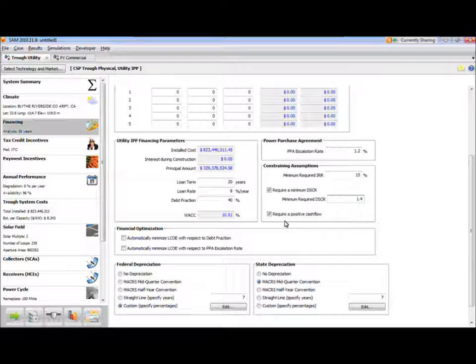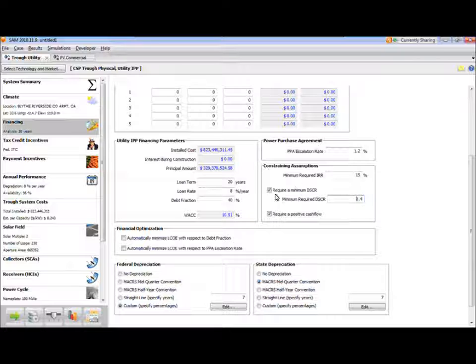In many cases, there may be some years where you have negative cash flow and other years where you have positive cash flow. But you can tighten your constraints to always require positive cash flow.